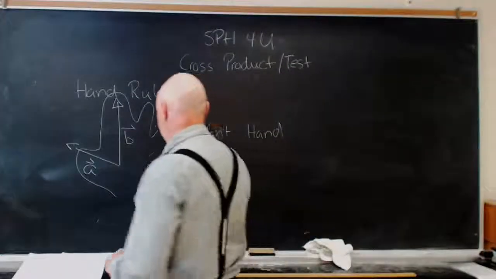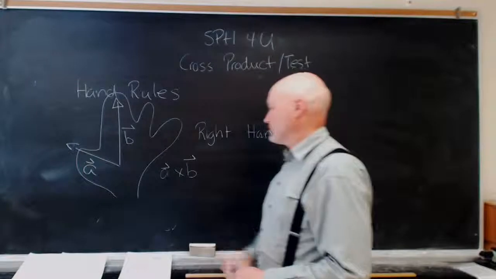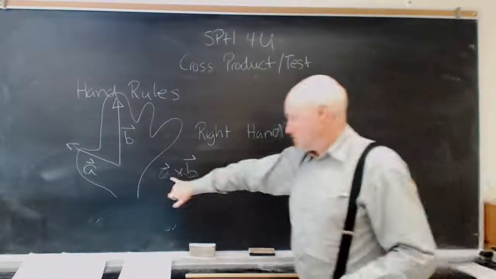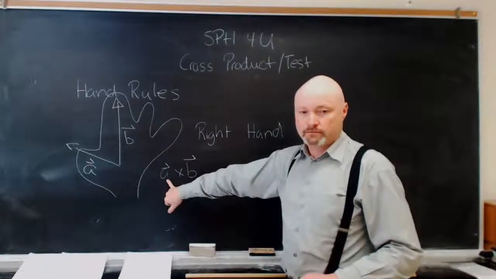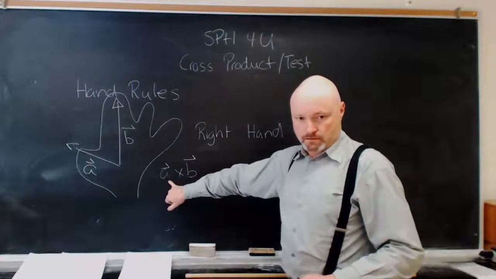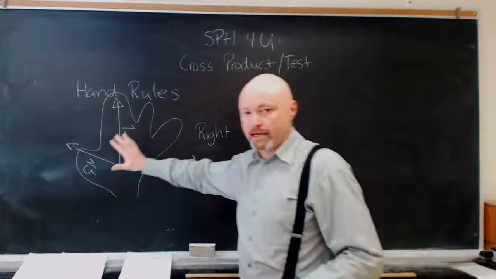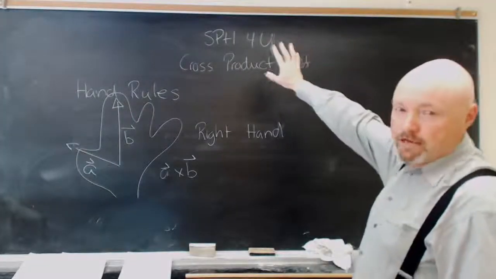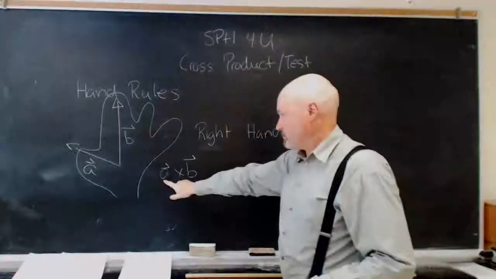And this is doing A cross B. So the first vector in that cross product, that's where our thumb goes on our right hand. You can actually hold your right hand up, and your thumb is going to point to the first thing in that product.